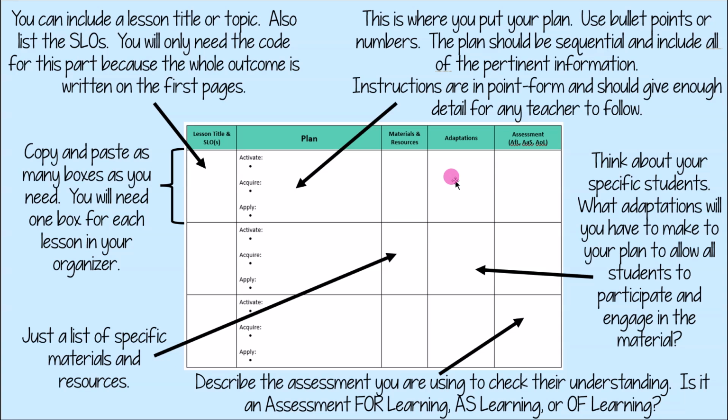Next is for adaptations. This is more difficult to do at the university level, much easier to do when you're in the classroom because you actually have a student in mind. You can think of Sammy in your head and say, okay, I've got to remember to plan for Sammy. In general, because you don't know your students yet, just plan for students that have trouble with reading and writing, because that's going to be the main thing you're worrying about.